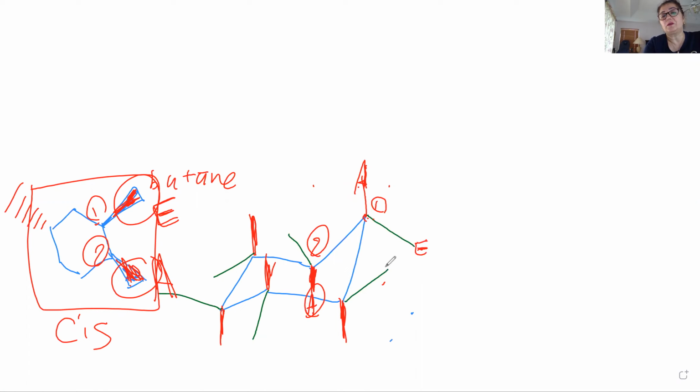So both of them are on the same side. If one is axial, the other must be equatorial. Since both of them have to be up, the only combination is one axial, one equatorial.